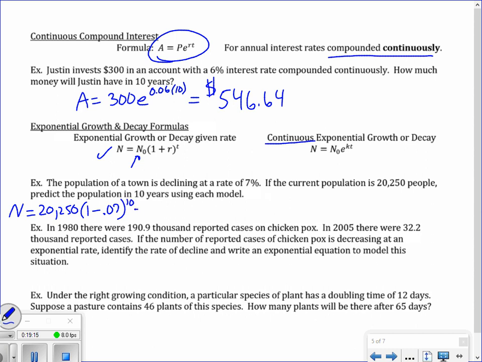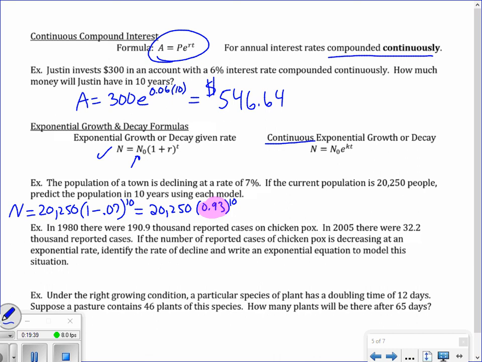So we would put this in our calculator, but I want you to look at something. I have 20,250, and then I have 1 minus 0.07, so that's 0.93 to the 10. So what's happening here is if I'm losing 7% of my people a year, I'm keeping 93%. So that should be kind of like logical to you. You don't have to do this 1 minus 0.07.